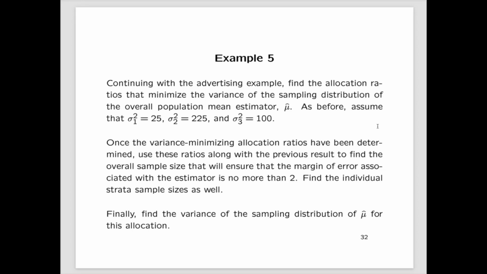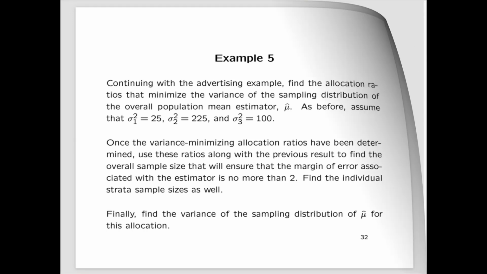Now, once the variance minimizing allocation ratios have been determined, use those ratios along with the previous overall sample size formula, to find the overall sample size that will ensure that the margin of error associated with the estimator is no more than 2 hours. Find the individual strata sample sizes as well. Finally, find the variance of the sampling distribution of mu hat for this particular allocation.